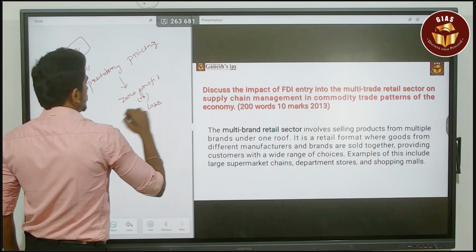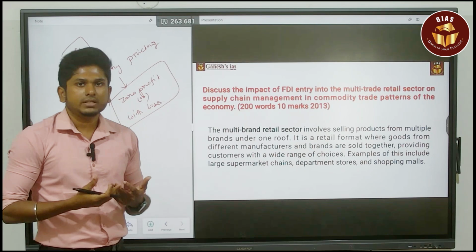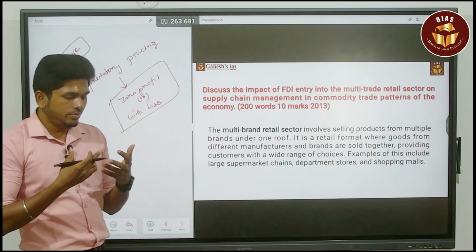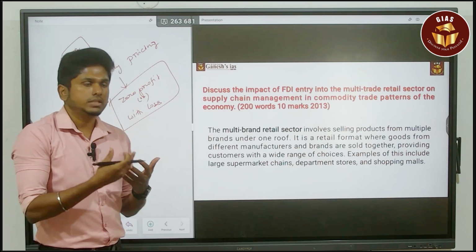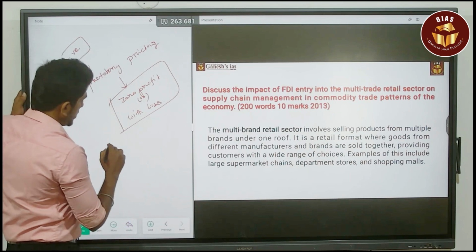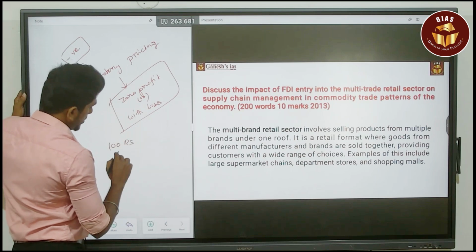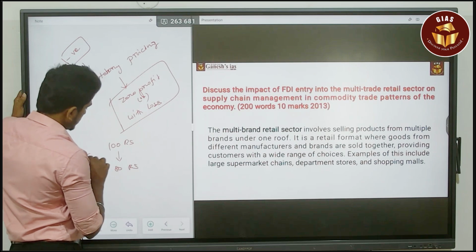The reason for doing that is to overcome the competitors. For example, the manufacturing cost, the transportation cost and all the things cumulatively make the product price 100. Okay, so Amazon is selling this product for 80 rupees with a loss of 20 rupees.